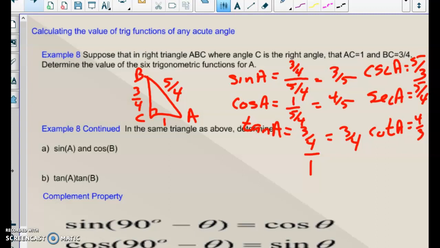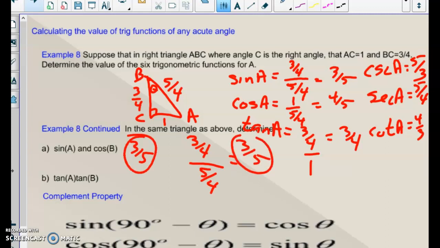In the same triangle as above, determine the sine of A. Well, we have the sine of A is 3/5. Let's find the cosine of B. So the cosine of B, if I put my theta there, then the adjacent to that B becomes 3/4, and the hypotenuse becomes 5/4, so I get 3/5 again.